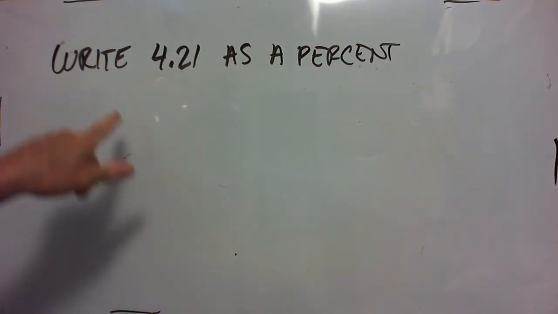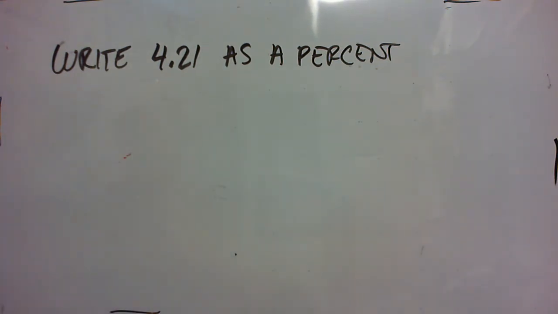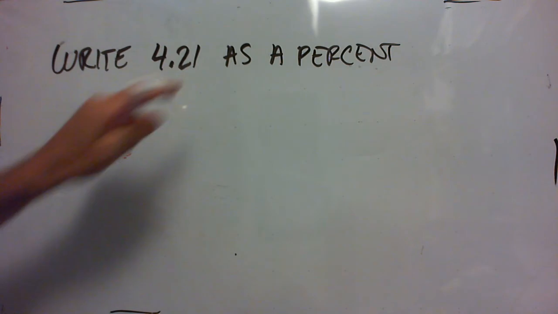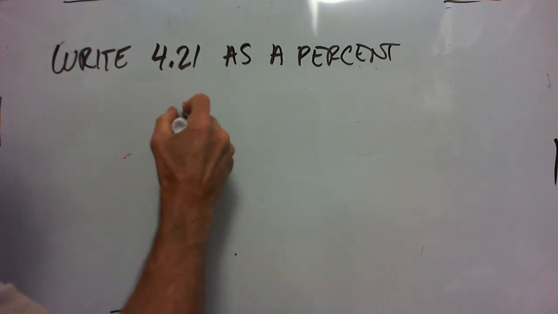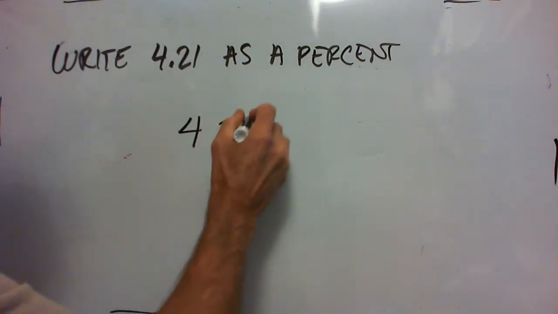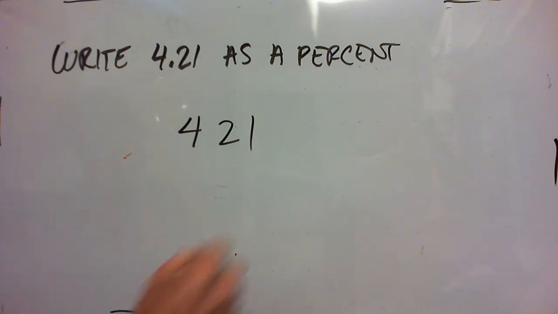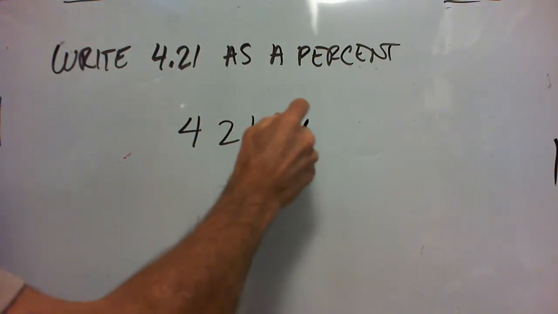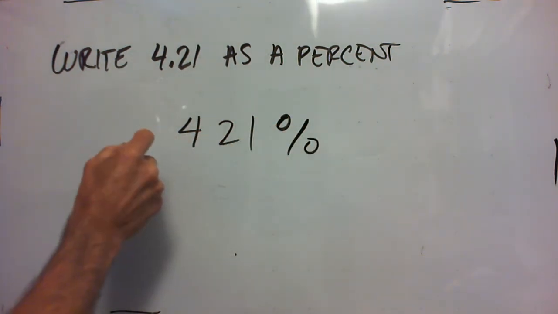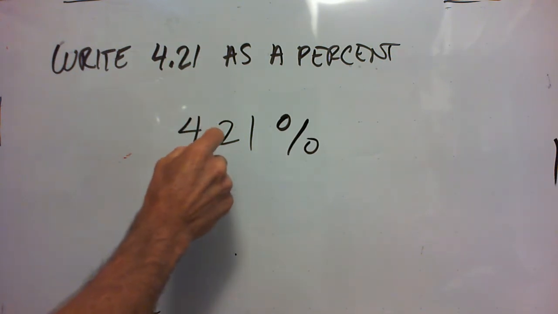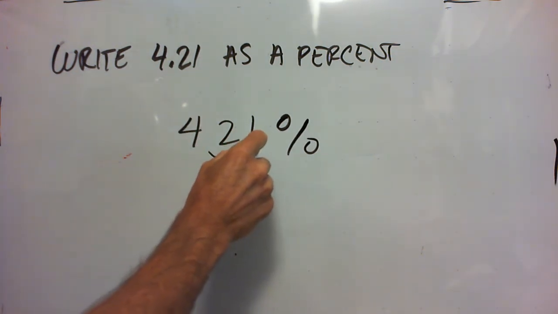Okay, next problem, write 4.21 as a percent. A lot of people get confused about this and think, well, I write it as 4.21%. No, this is the decimal, 4.21. We have to move that decimal point 2 places. Now, if we move it to the left, we get a smaller number. That means we have to move it 1, 2 to the right.